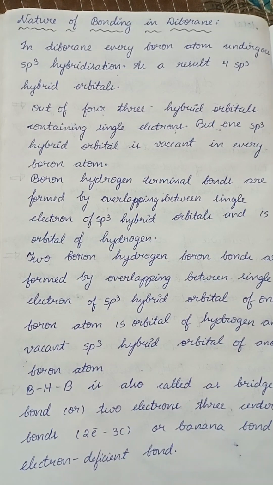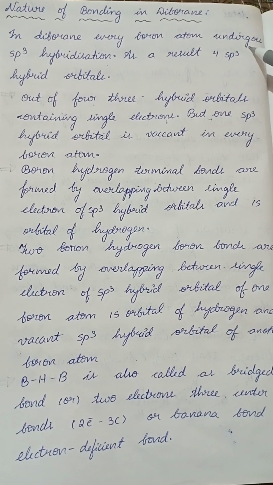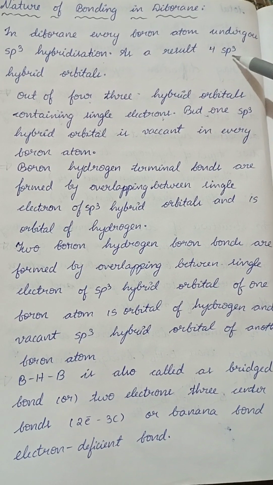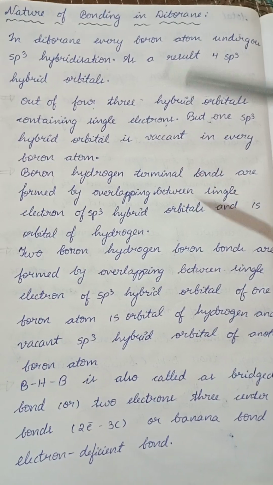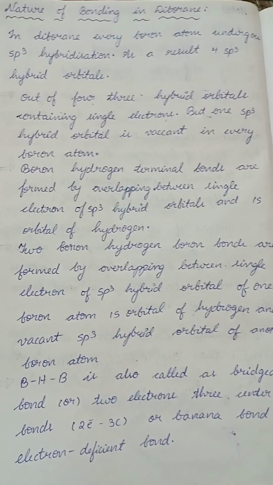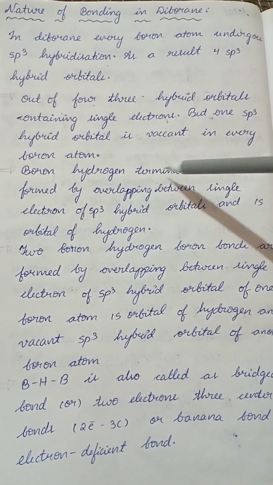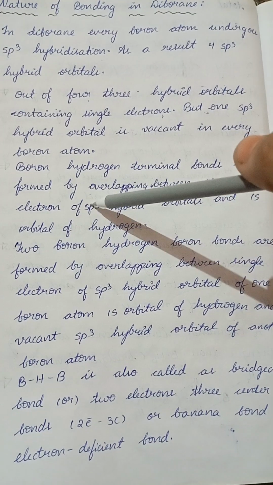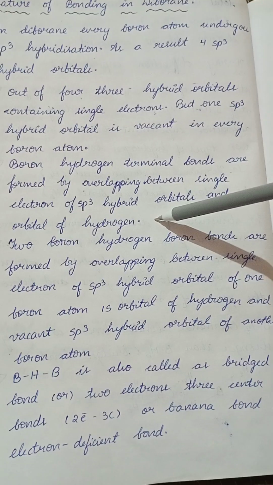Let's study about the nature of bonding in diborane. In diborane, every boron atom undergoes sp3 hybridization, as a result forming 4 sp3 hybrid orbitals. Out of 4, 3 hybrid orbitals contain single electrons, but 1 sp3 hybrid orbital is vacant in every boron atom. Boron hydrogen terminal bonds are formed by overlapping between single electron of sp3 hybrid orbitals and 1s orbital of hydrogen.